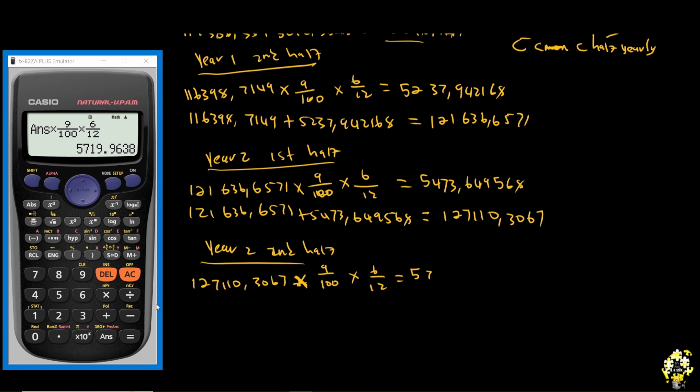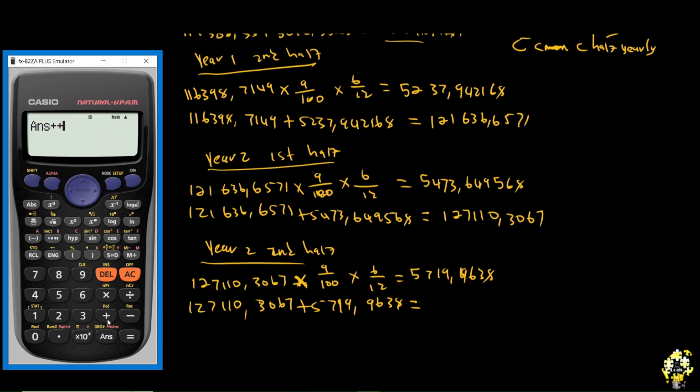What do we get? We get 5,719.9638. Are we done? No, it's interest. What do we do to it? We add it to the principal, so we can get the total for that particular period. 5719.9638. What do we get for the total?